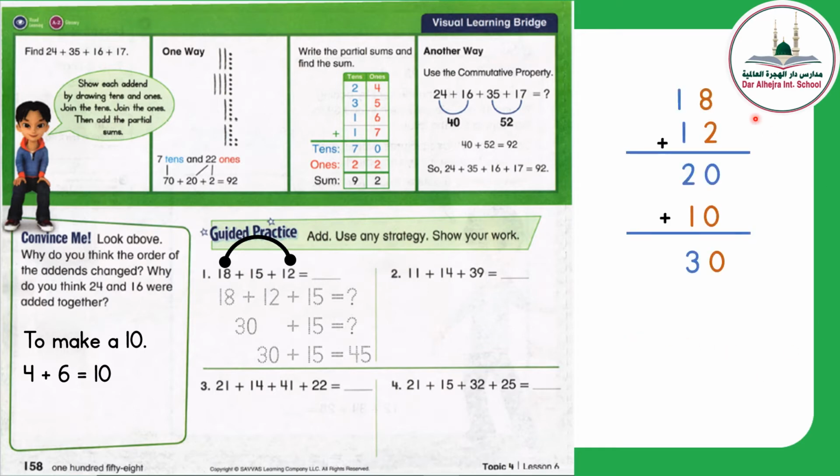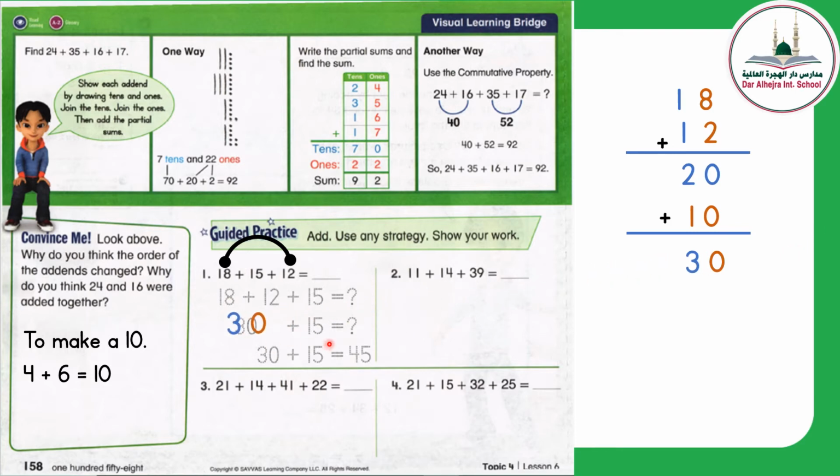I'll copy this equation like this, 18 plus 12 here. 1 and 1 in tens place makes 2, and that means it's a total of 20. 8 and 2 together in the ones place make a total of 10. My partial sums 20 plus 10 make a total of 30. So the final sum 30 for 18 and 12, I'll be copying it here.